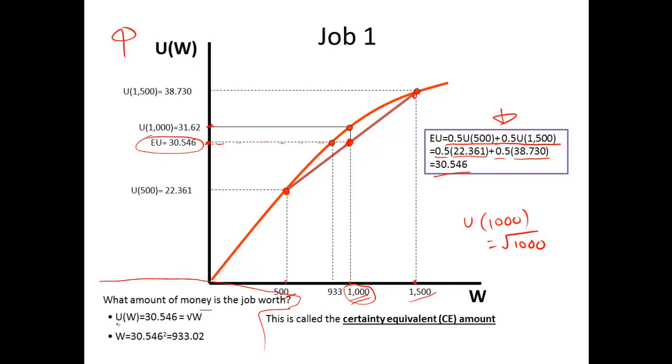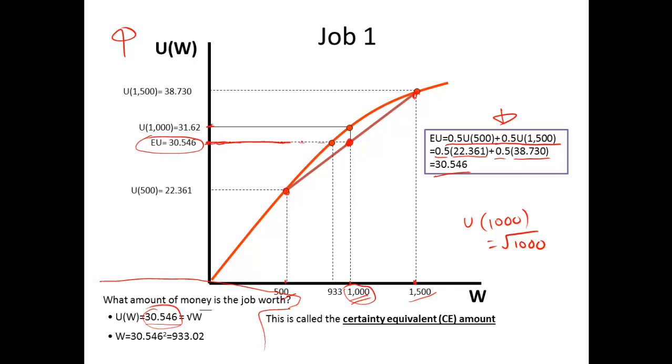Well, it's worth in utility terms 30.546. What I'm asking here now is, what amount of money with certainty would make you as happy as facing this risk? So this is the how happy associated with facing the risk, but there's also some amount of money which with certainty would leave you as happy as facing that risk.